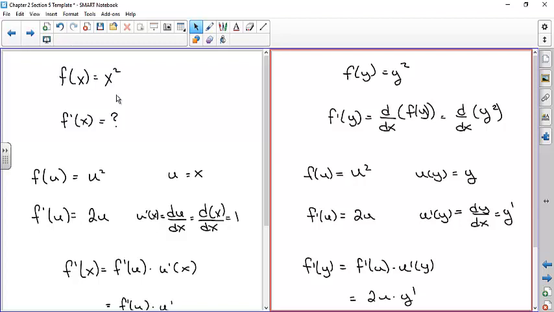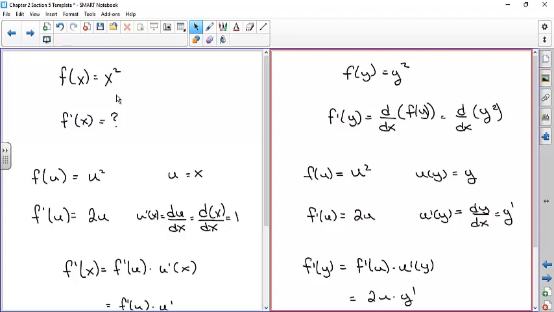So we normally take the derivative of x, and you get 1. Then when you multiply this times that, you get 2u, but u is x, so you get the answer we expect. But the reason I'm doing this is that when we take the derivative of u, u prime of x is the derivative of u with respect to x.